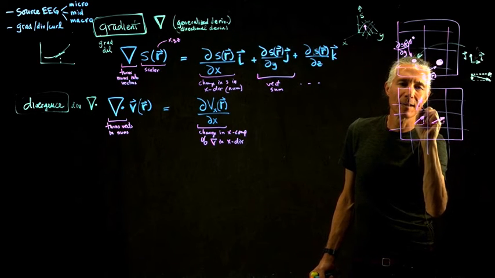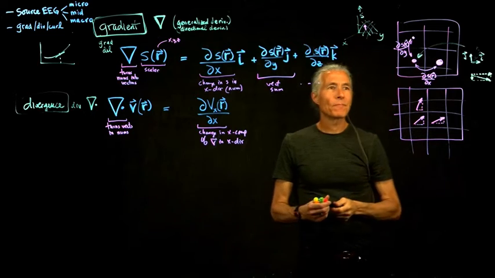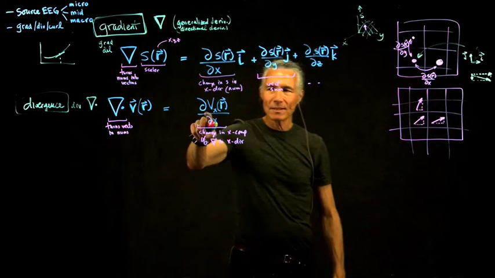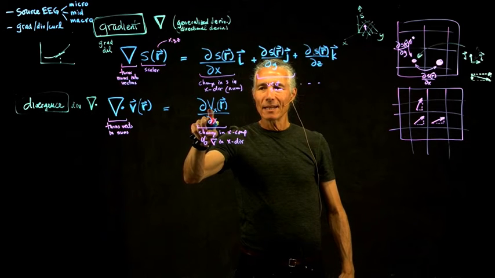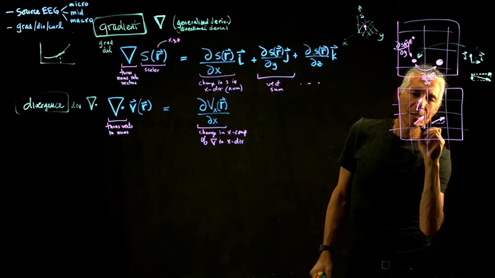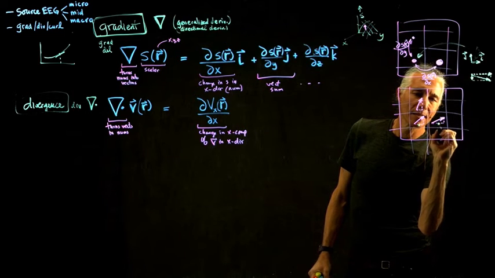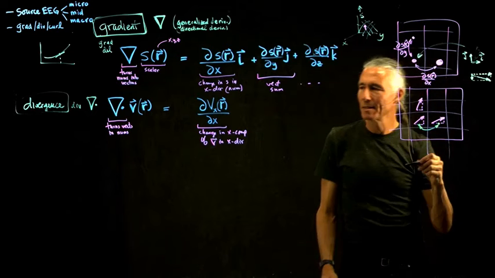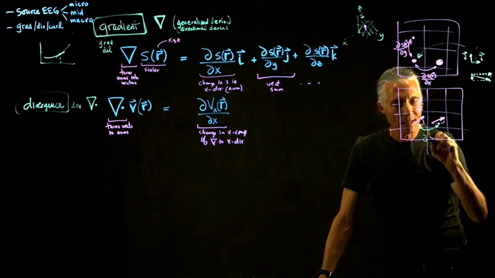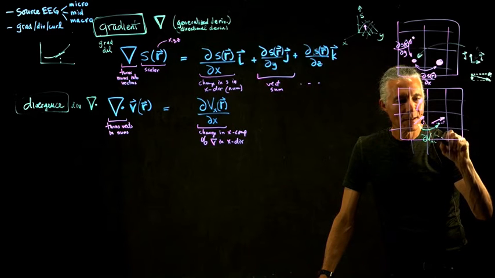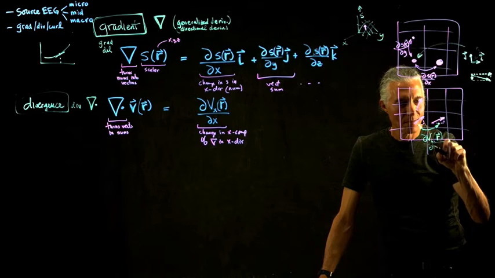So here's their x and y components. This one is the change in the x component of the vector moving in the x direction. So just take this thing and compare it to that. What's the difference between those two? That's the x component at this point in space moving in the x direction.